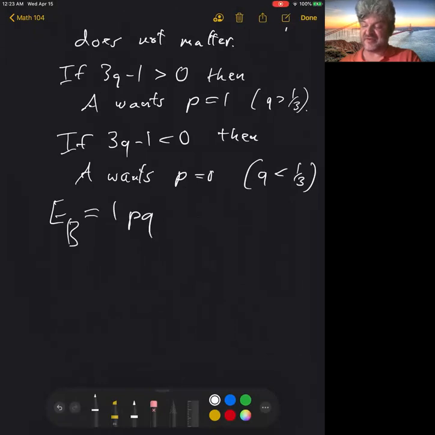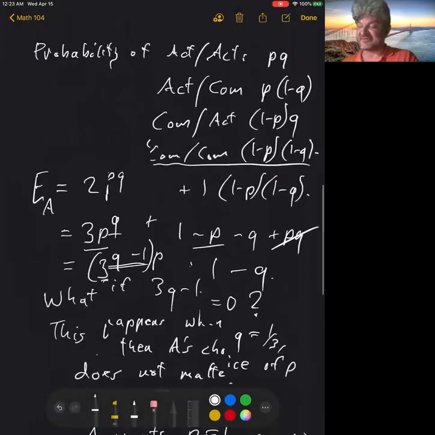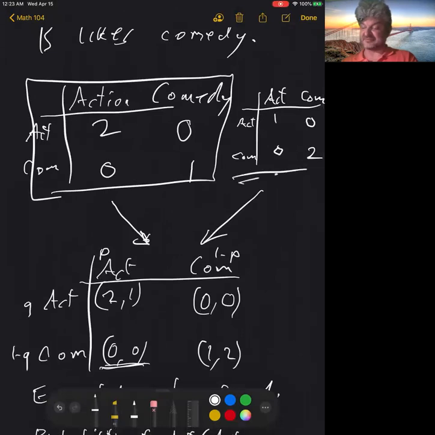1 times PQ plus 2 times 1 minus P times 1 minus Q. I'm looking at the table for B, which I wrote separately over here. And I used to give B the color blue and A the color red.